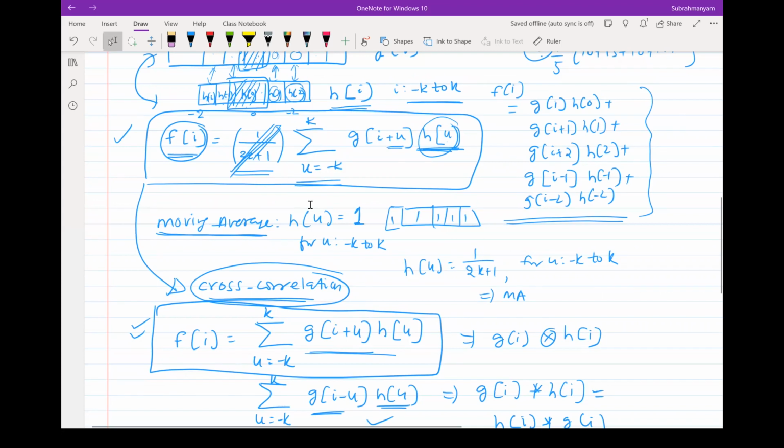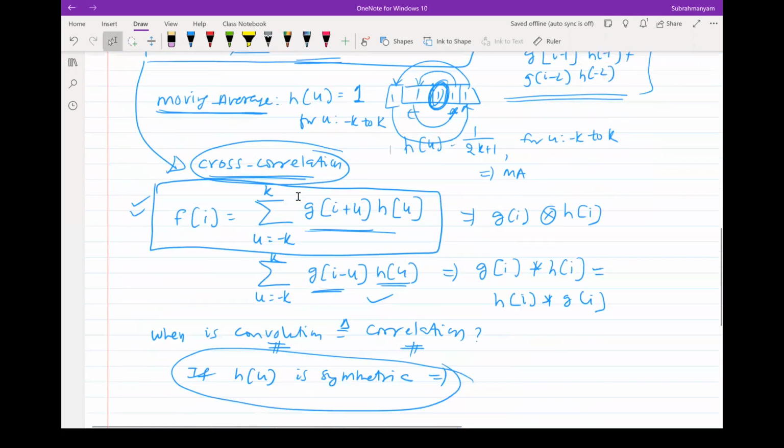And in images in particular, there are only a few instances where you do not have a symmetric mask. For example, the moving average filter is a symmetric mask. Around the center, you move this way or this way. Flipped means this one will come here, this one would go here, the earlier initial one will go there. So that's essentially a symmetric mask.